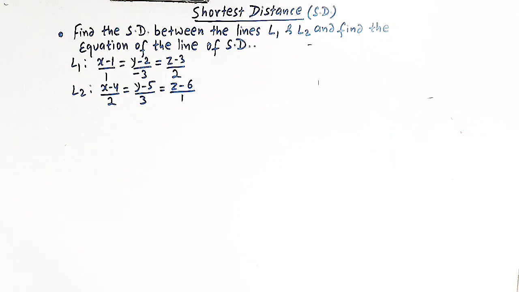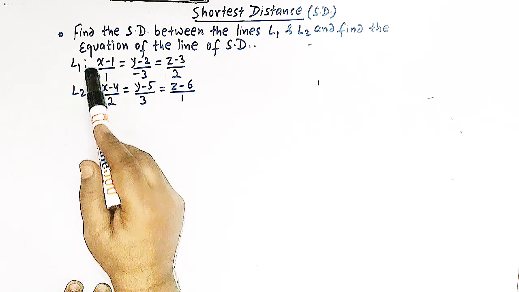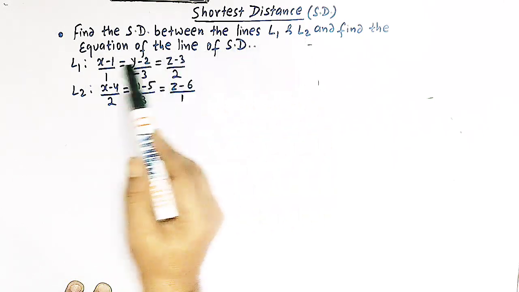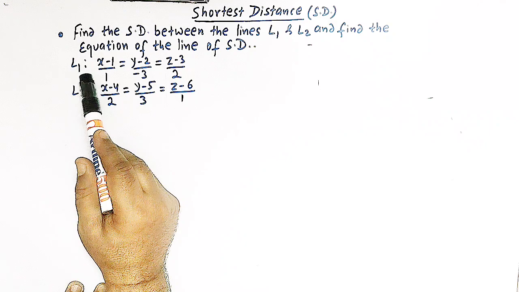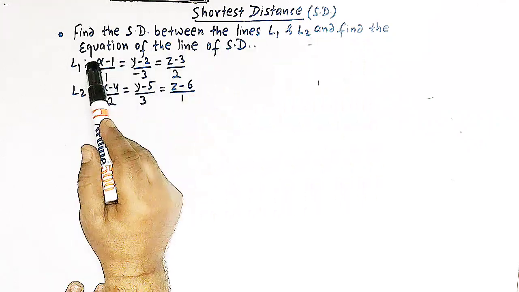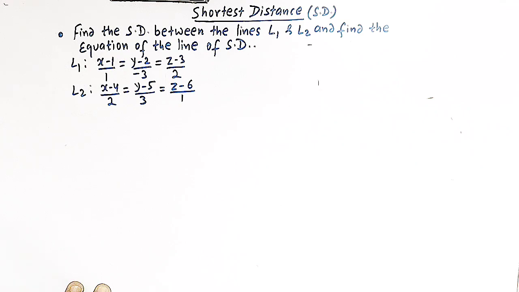Hello viewers, in today's session we are going to discuss one important problem from three-dimensional geometry related to shortest distance between two non-coplanar lines. Here we are going to find the shortest distance between the lines L1 and L2, whose equations are given in symmetric form, and we have to find the equation of the line of shortest distance, right?